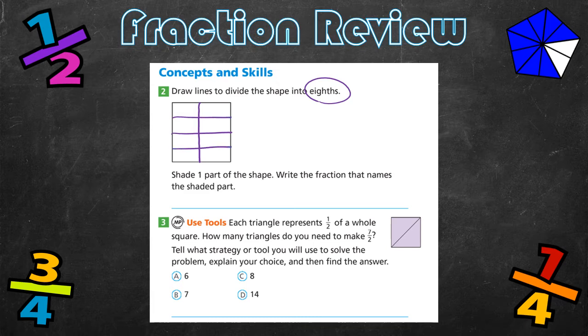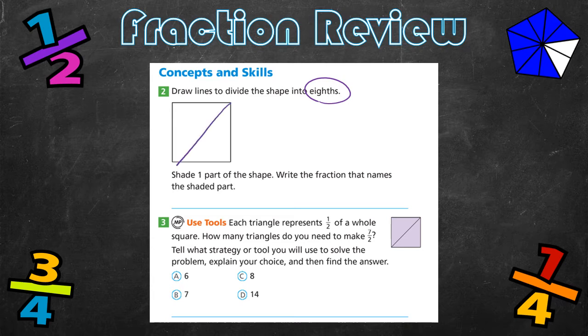So you can divide it like this, or let's try another way. Right down the middle, and let's make vertical lines. Okay, 8 parts. And let's try one other way.